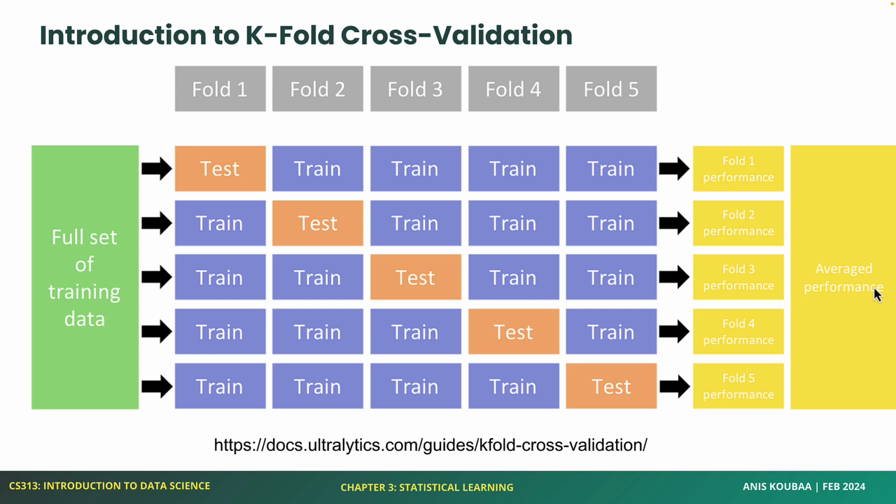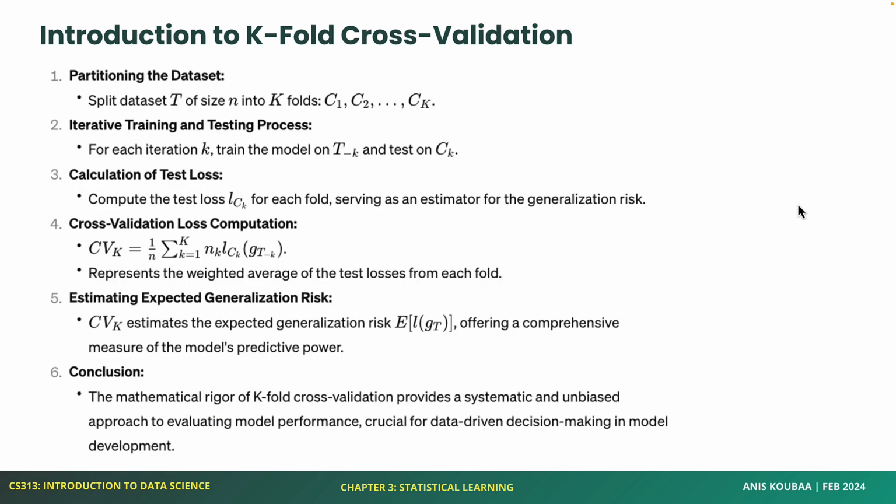Finally, we average all these different folds for the training loss and also for the testing loss. This will represent a good estimate of the expected generalization risk. What is this estimation? It will be just the average of all the losses over the different folds.